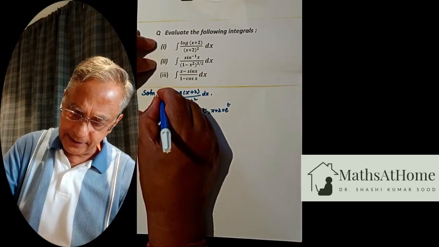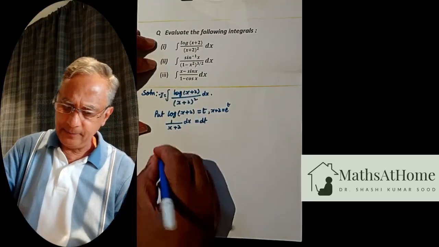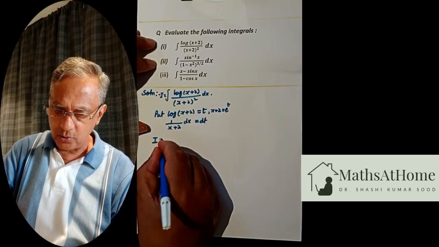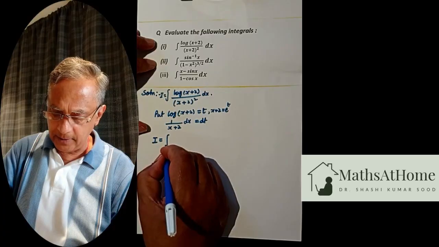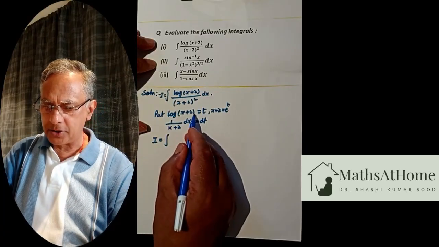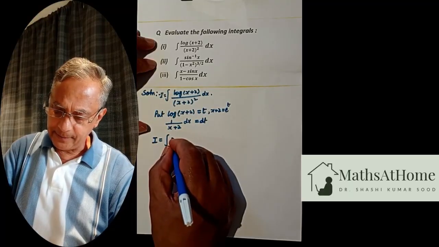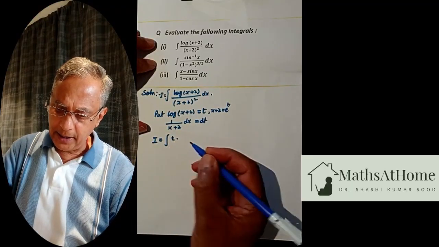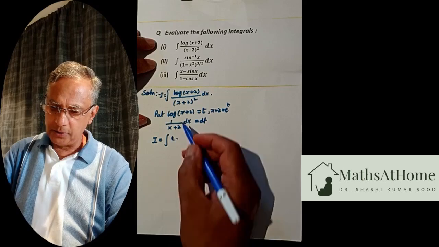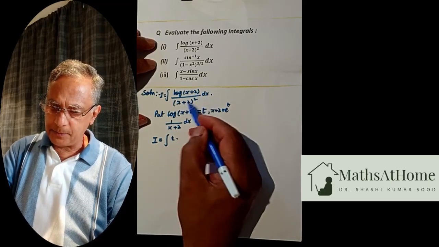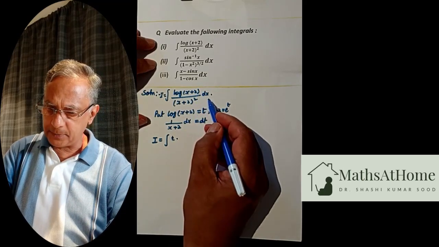So we can write this integral as I is equal to integral, log of x plus 2 is t. So we write this as t into, now this is 1 over x plus 2 into x plus 2.